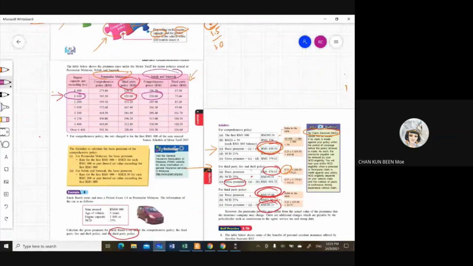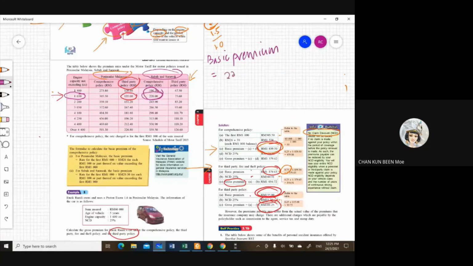So for the first 1,000, my basic premium is 220 plus, because I bought 30,000, the remaining is 29. So I have to multiply with 20 ringgit 30 cents. That is my basic premium.